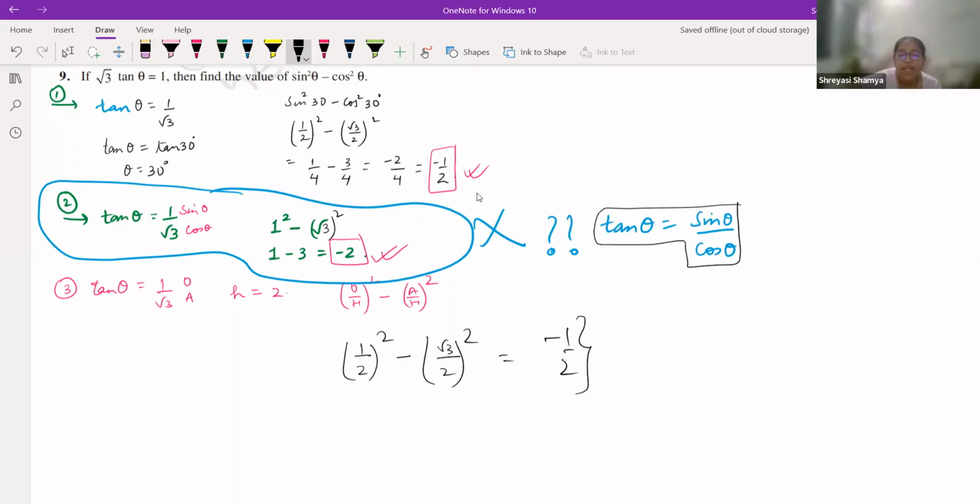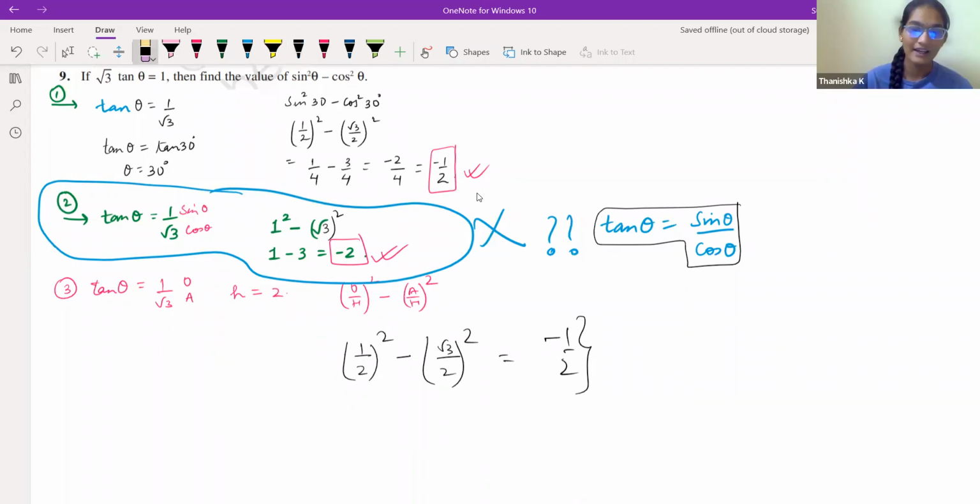Whatever theta value we take, the answer will be sine theta divided by cos theta. So if we take theta value as 30, sir, then the answer will be sine 30 divided by cos 30, which is equal to 1 by 2 divided by root 3 by 2. That's why we cannot get 1 by root 3 as sine theta and cos theta.